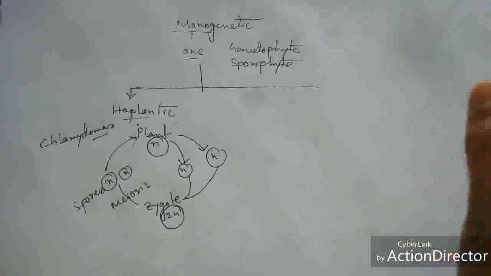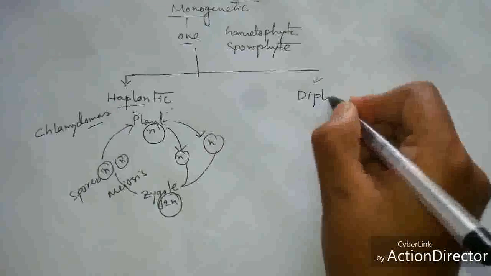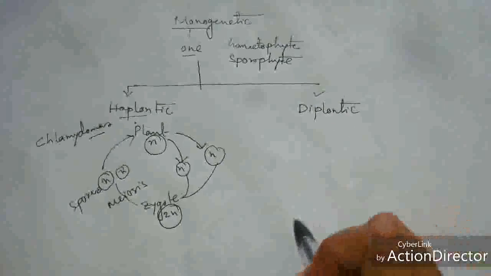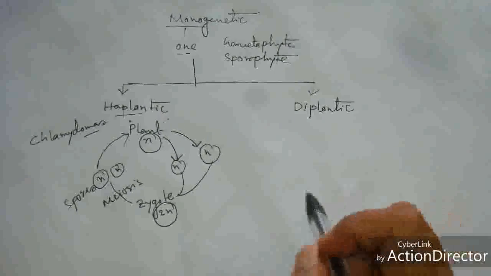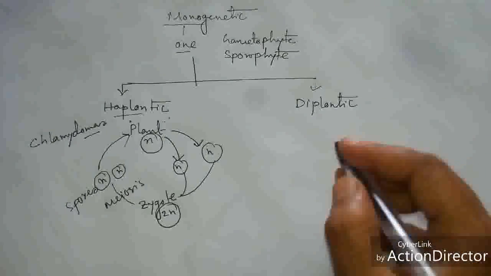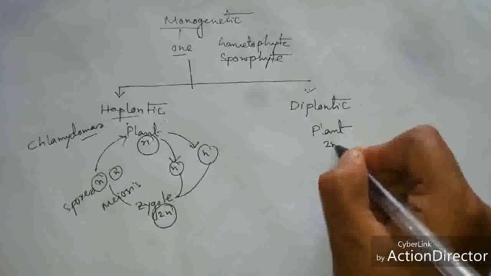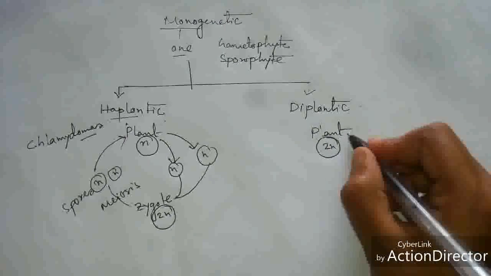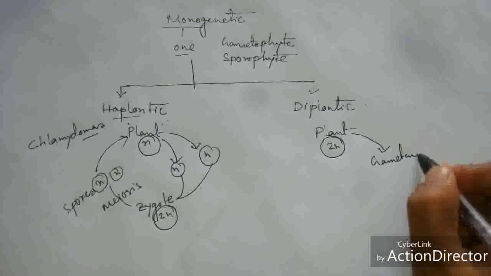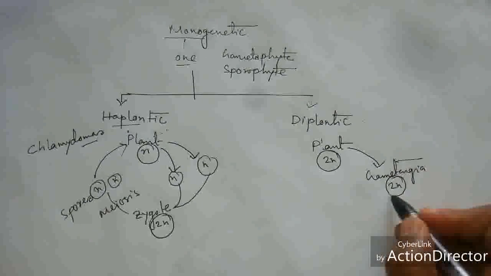Now diplontic. It means all the generations show diploid except the gamete, which is haploid. So the plant body is 2N, diploid. From here gametangia, which are also diploid, produce gametes.